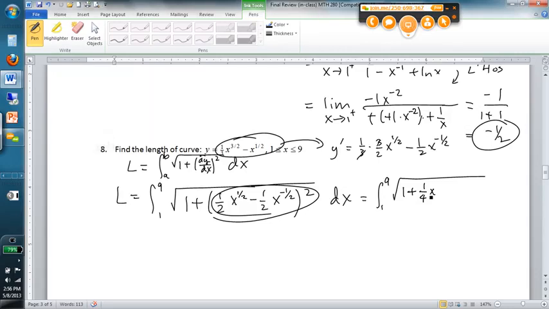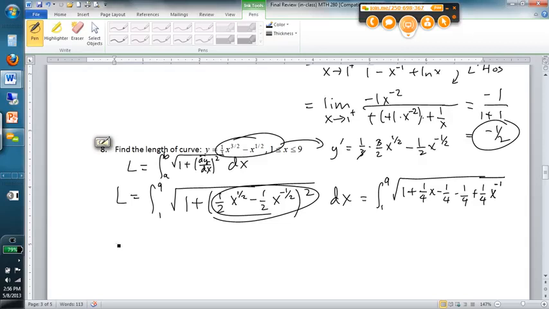Well, the x to the half and x to the minus half cancel out, so it's minus 1/4. And then the other two would also be minus 1/4. And then minus 1/2 x to the minus half times minus 1/2 x to the minus 1/2 is plus 1/4 x to the minus 1.